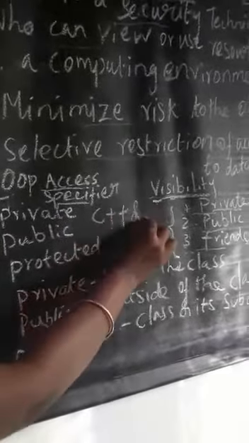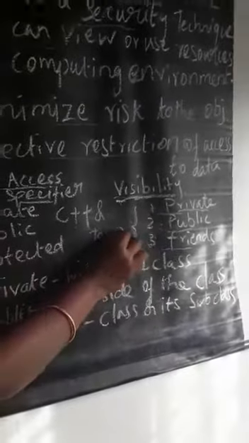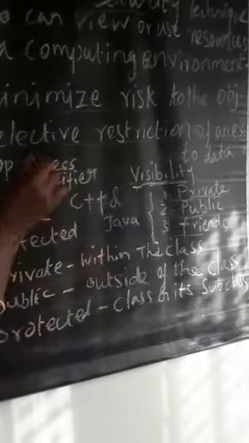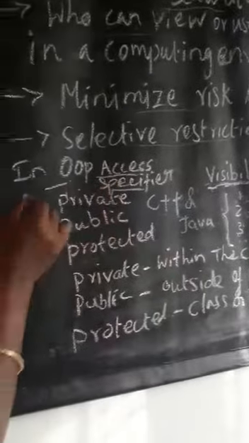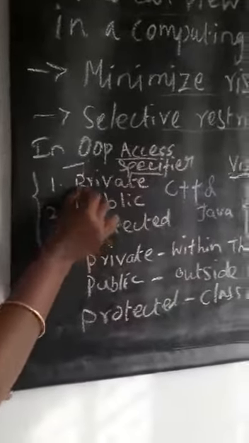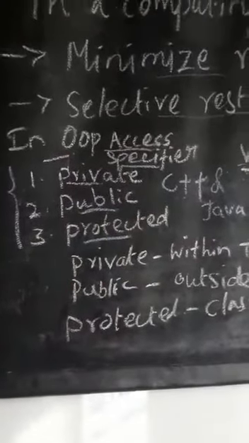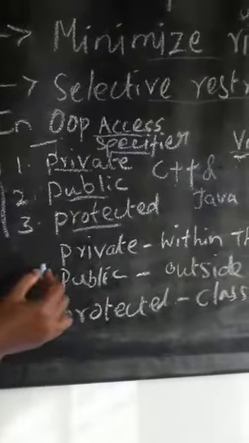C++ and Java use 3 access specifiers. What are the 3 access specifiers? Private, public and protected.